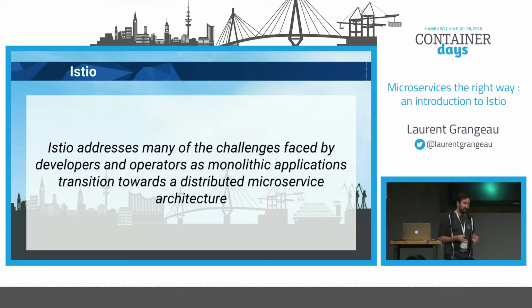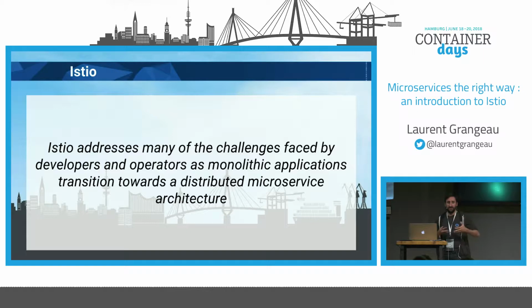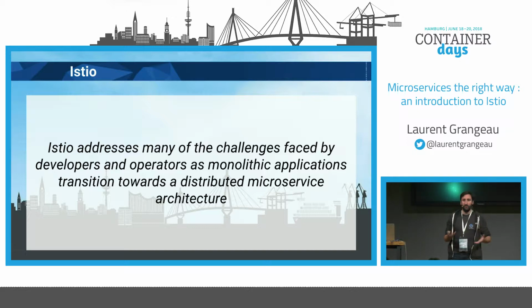When you want to debug microservices in a distributed way, you don't know where your pods are deployed in the cluster, and you need something to gather this telemetry, these metrics, these logs, and deploy them elsewhere to be able to analyze them.